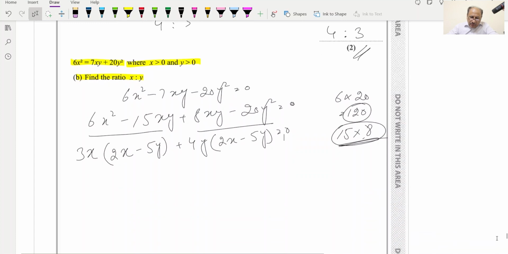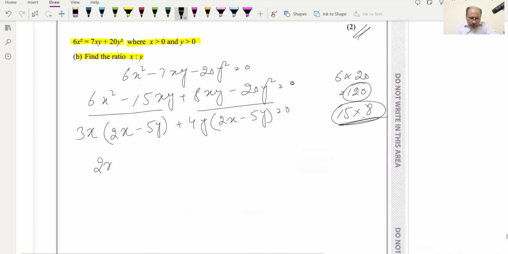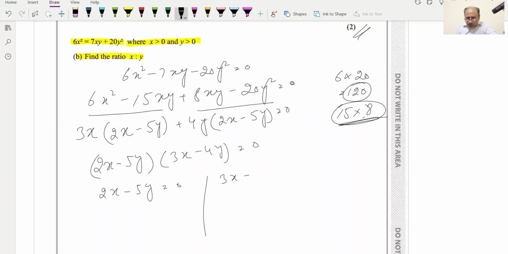Now we can rewrite it as 2x minus 5y and 3x plus 4y is equal to 0. This implies 2x minus 5y is equal to 0, or 3x plus 4y is equal to 0. 3x, not minus, this should be plus.